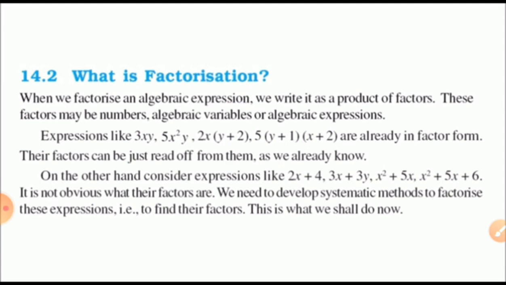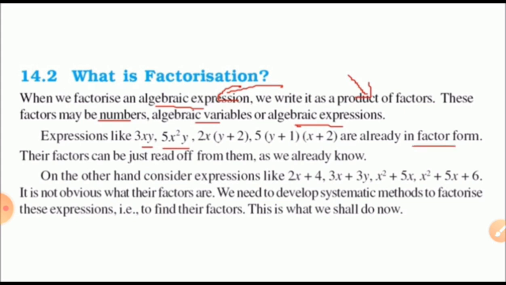When we factorize an algebraic expression, we rewrite it as a product of factors. These factors may be numbers, algebraic variables, or algebraic expressions. My dear student, remember the words expressions and variables, also number. Number is a constant, isn't it?